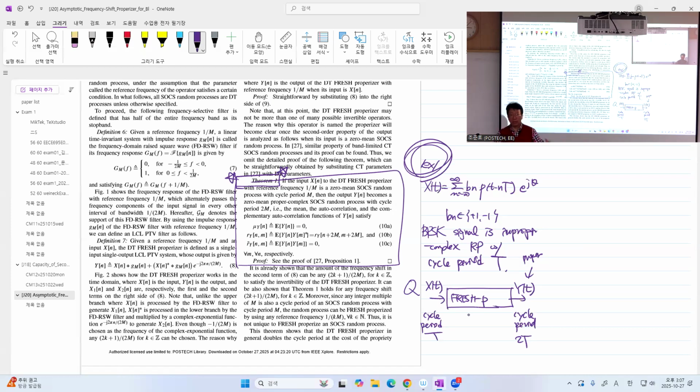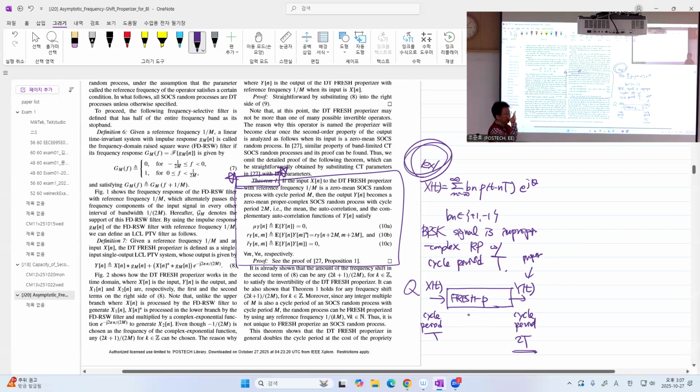As I told you, there are many fresh properizer structures that give you a proper complex digitally modulated signal with cycle period 2T. Got it? Anyone?